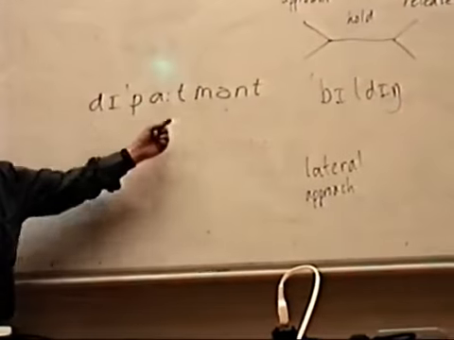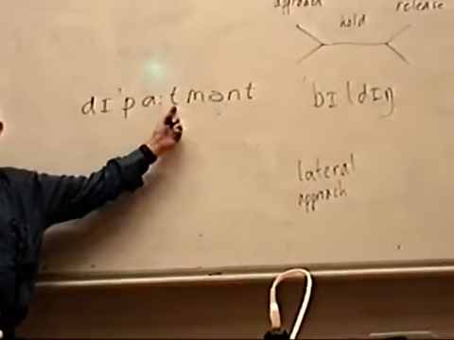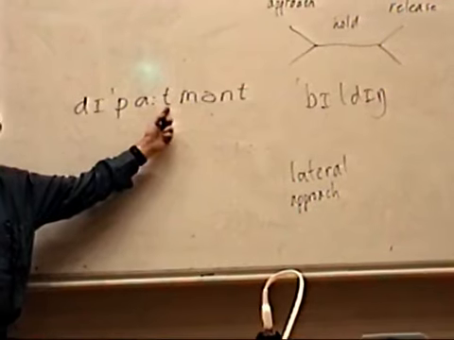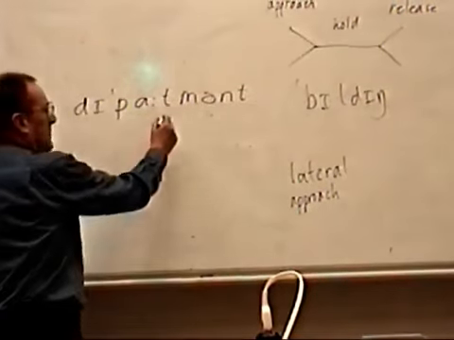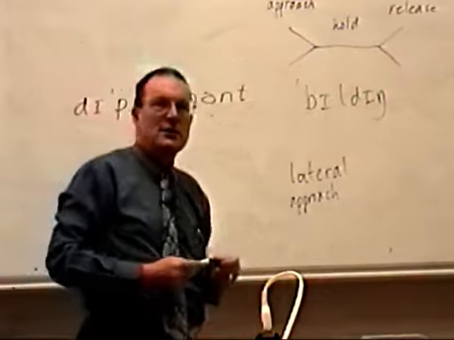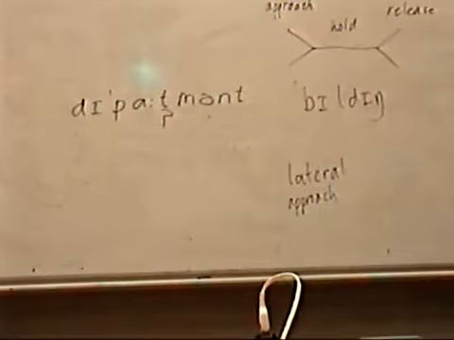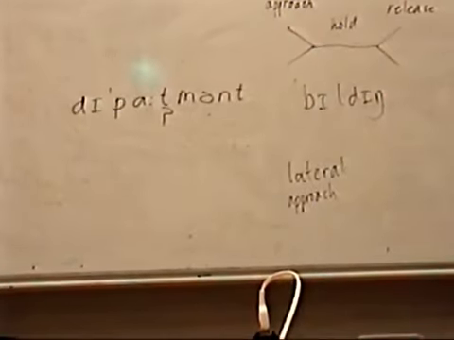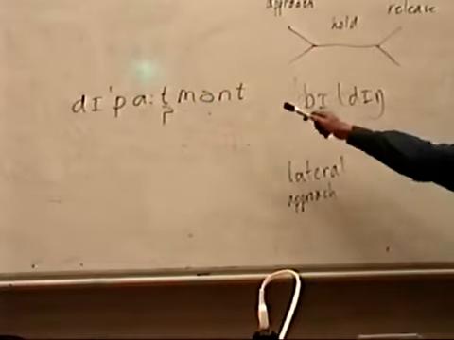Perhaps you can hear that at this position I was saying not department, but department. I'm using a glottal stop there, and this is normal. I'm using an alveolar T at the end.